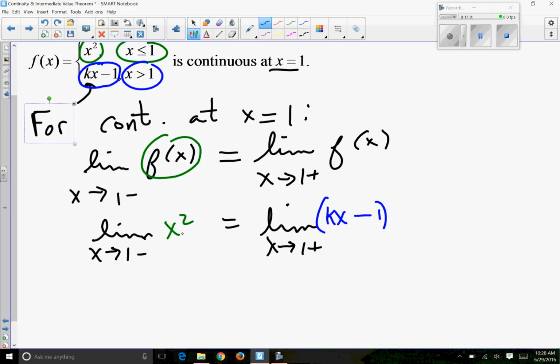The limit of x squared as x approaches 1 from the left is found by replacing x with 1. The limit of kx minus 1 as x approaches 1 from the right is found by replacing x with 1.